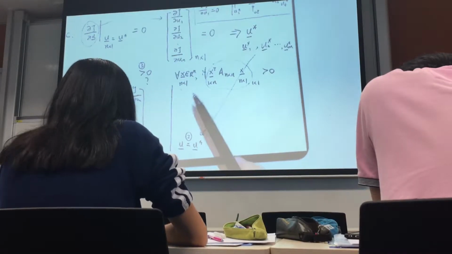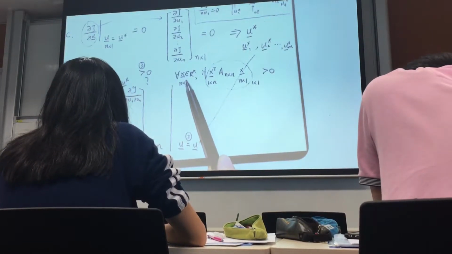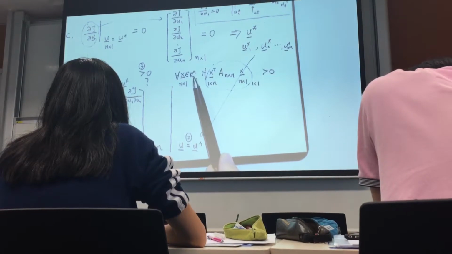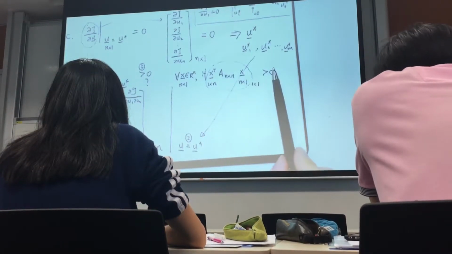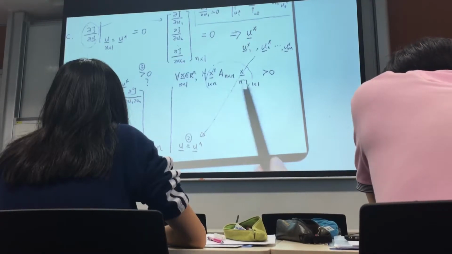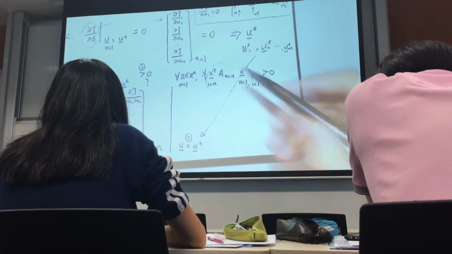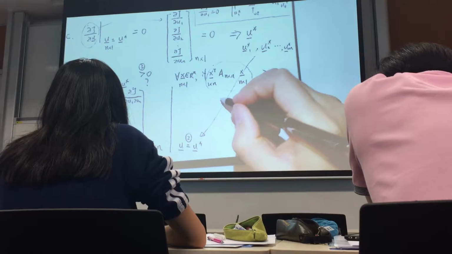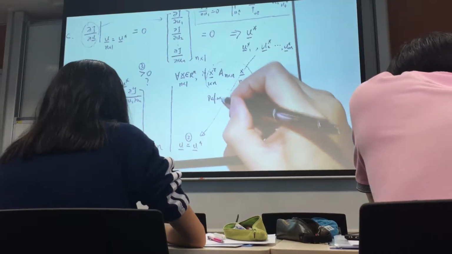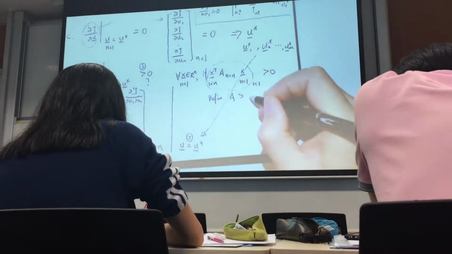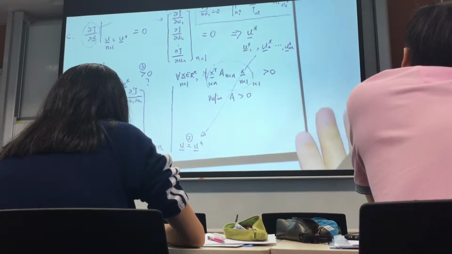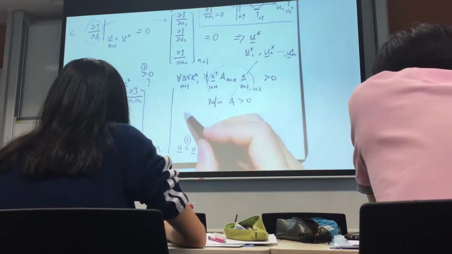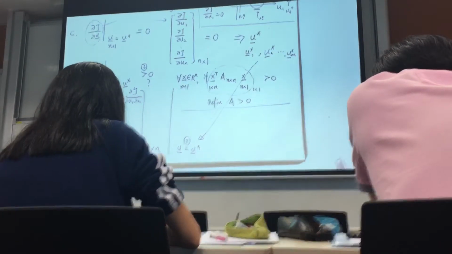So the definition is, if for any vector in the n-dimensional space this condition is satisfied, then we say A is positive, greater than 0. This is the definition of positive definite.